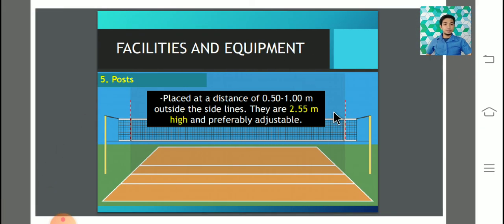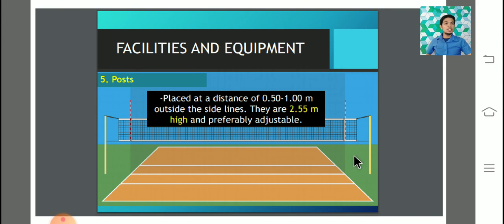Now, how about the post? Tapos na tayo sa nets. How about yung poste? Gano'n nga ba ito kataas? So, at saka saan ito dapat ilagay? So, it is placed at a distance of 0.50 to 1 meter outside the sidelines. They are 2.55 meter height and preferably adjustable.